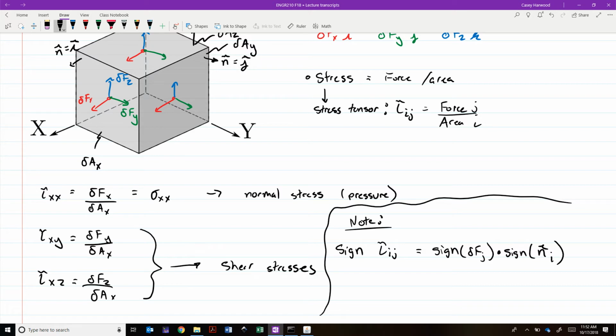In other words, if the force is acting in the positive coordinate direction and the unit vector of the face it's acting on is also in the positive direction, then the stress will be positive. If they're both acting in the negative direction, it'll be positive as well. But if one's positive and one's negative, you're going to end up with a negative stress on that face.